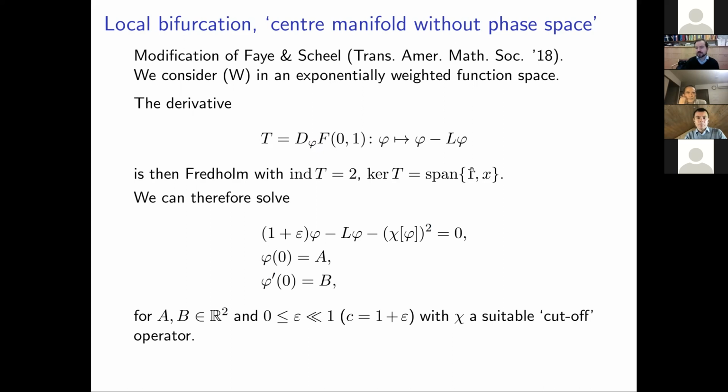In the capillary gravity wave case with small surface tension, you could get a higher dimensional kernel, for example dimension 4, and then you would get a fourth order ODE.